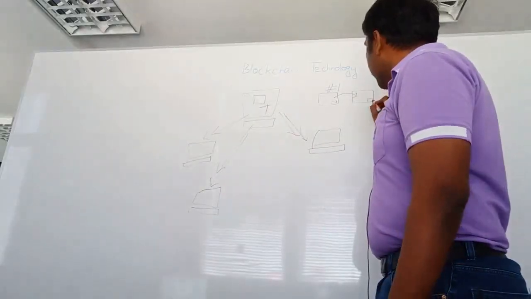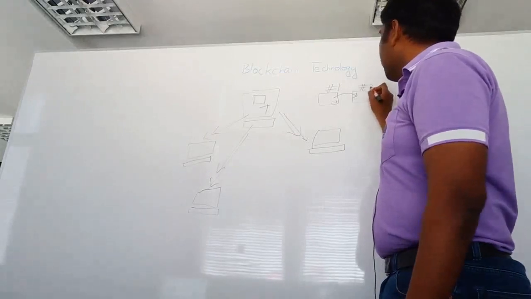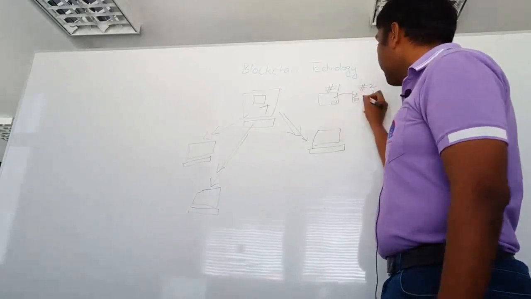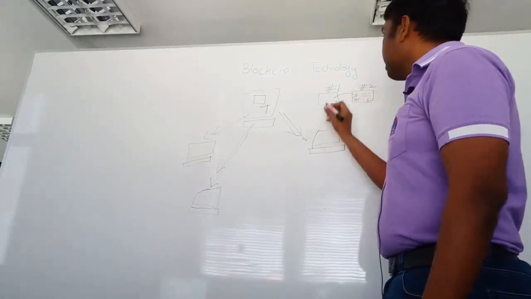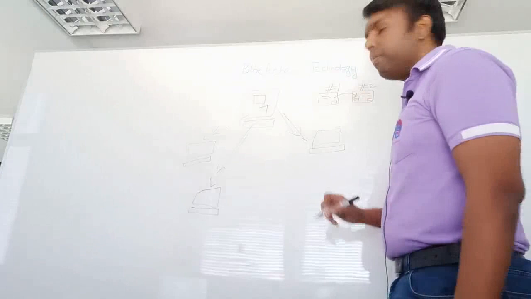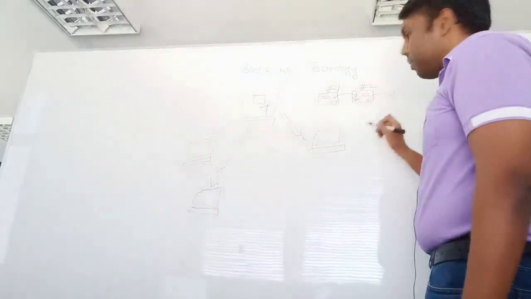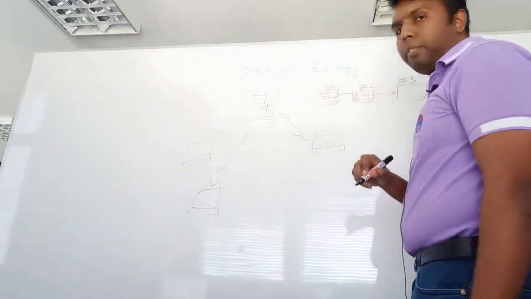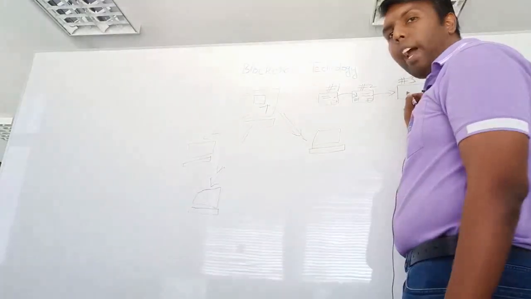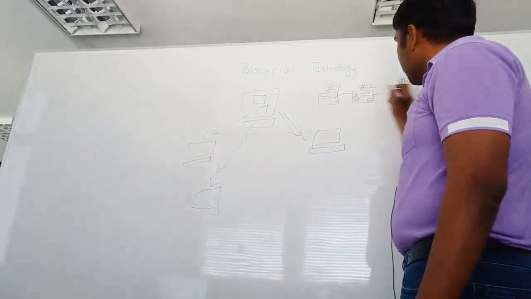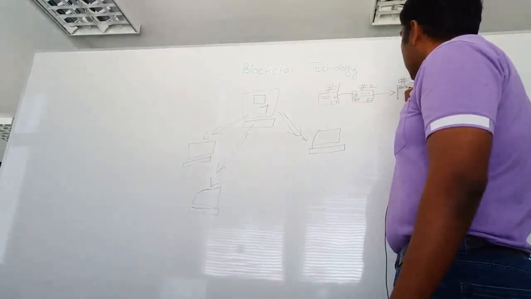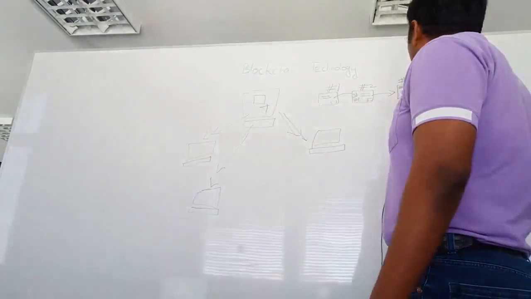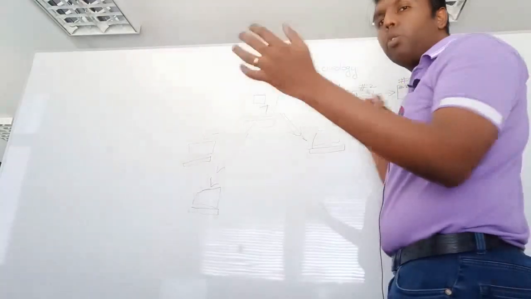This will have another hash, let's say hash 2, along with hash 1 and the data. Then the third has another hash, let's say hash 3. In this block, hash 3 stores the hash value of transaction number 2. Then it will have all the data and it keeps on going.